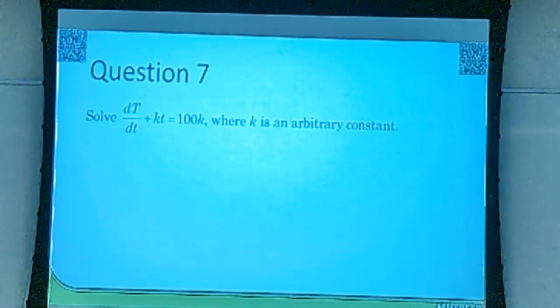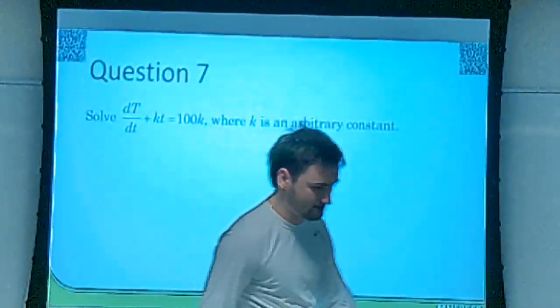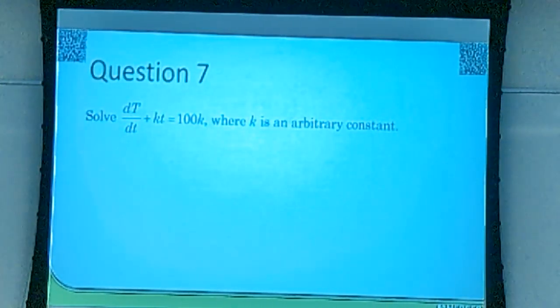Is that linear? Yes, it is. Is it in standard form? What is the dependent variable?